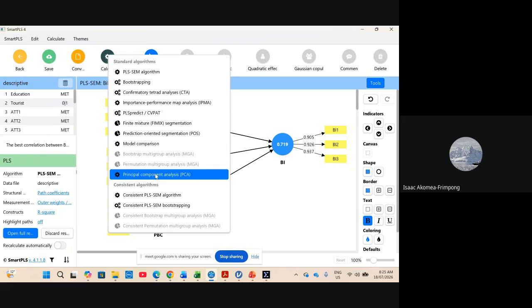It's there, you can do it. And once you can run principal component analysis, then that means you can easily get your CMB, which is the common method bias, by looking at the unrotated factor. So all these things can be done, but I presented these things to you for confirmation purposes.